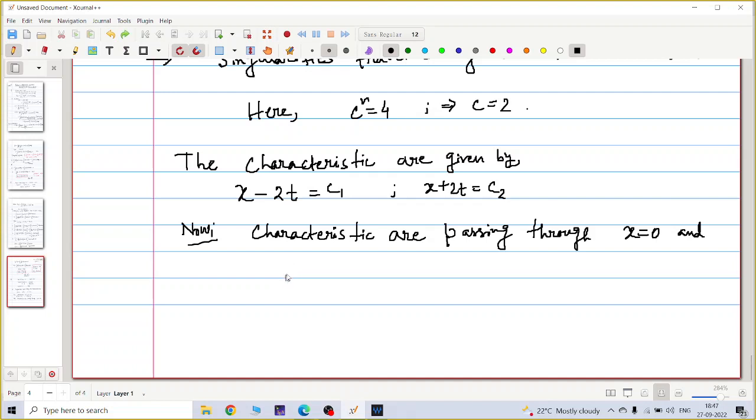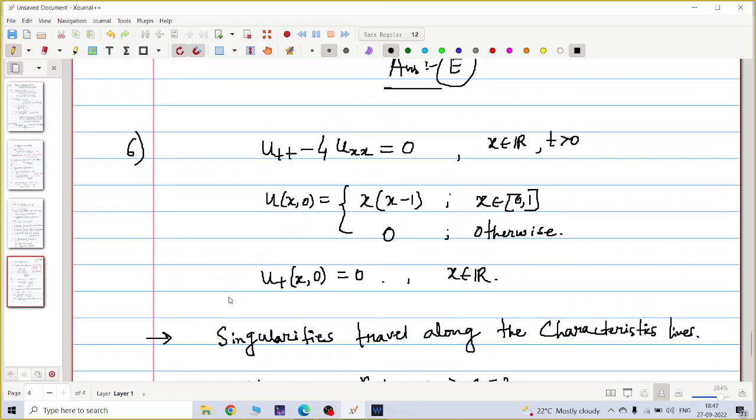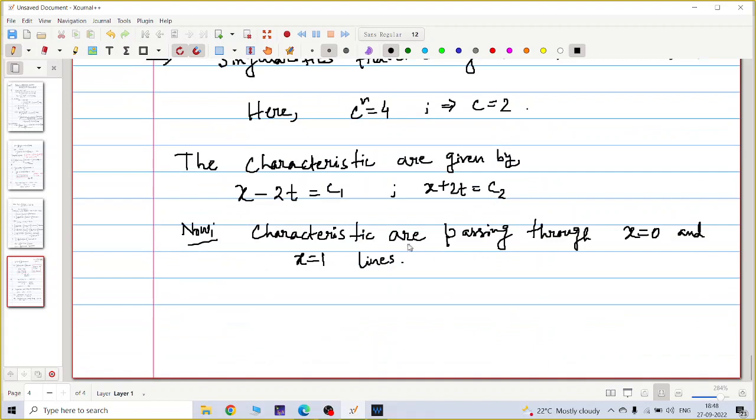So what are the lines then? x equal to 0 means t is 0, because I am initially taking t equal to 0, u(x,0), that is u for x between 0 and 1, so x is 0 at t equal to 0, that means c1 is 0, so the lines are the characteristics passing through this line.